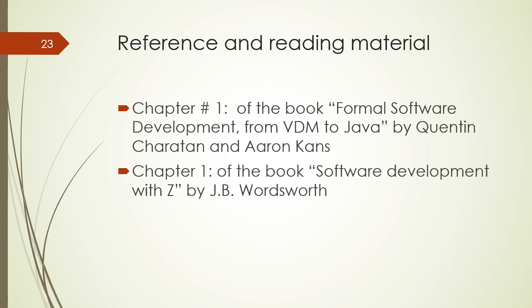We discussed that formal methods use mathematical notation to describe the properties of software in a precise way, and represent what a software must do without giving the detail of how it is to be done.